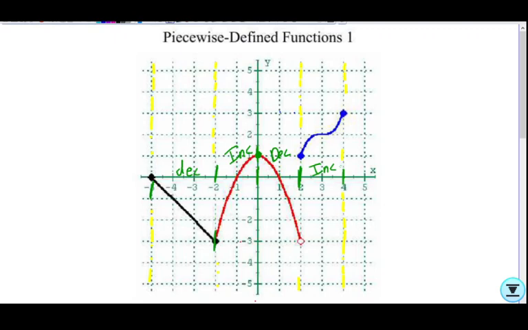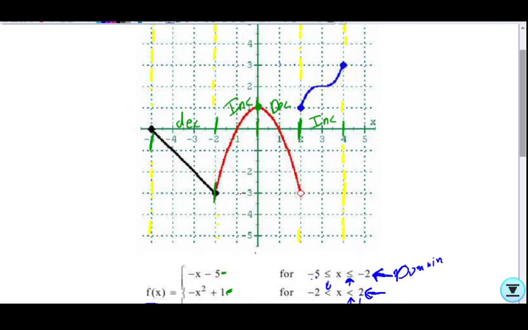Okay? Now, again, I'm being overly simplistic, but that's basically the way you find out where a function is increasing and decreasing. Are the y values getting bigger or going up, or are they getting smaller going down? And then you just write it as an interval. So from -5 to -2, and notice I'm not using brackets, and from 0 to 2.